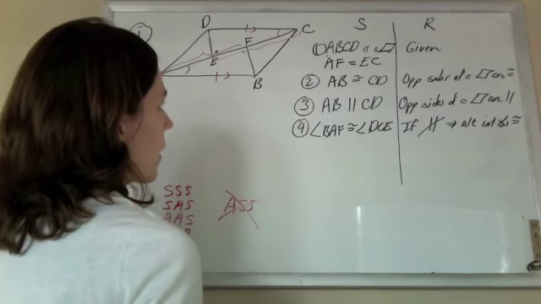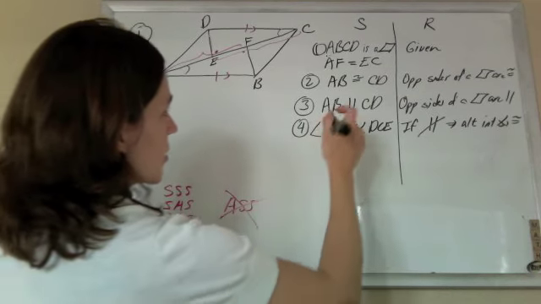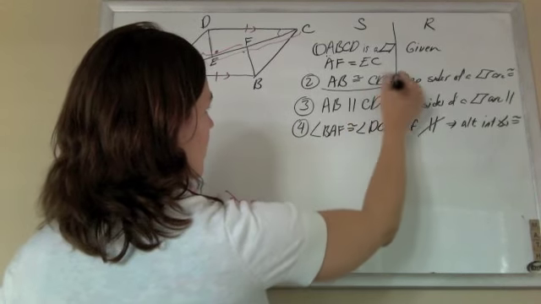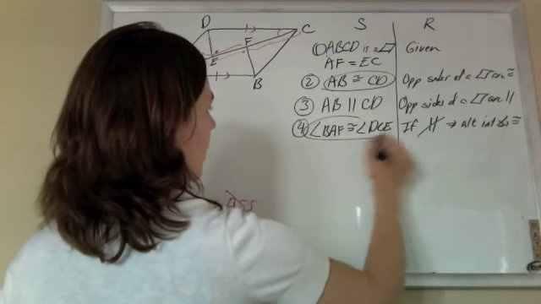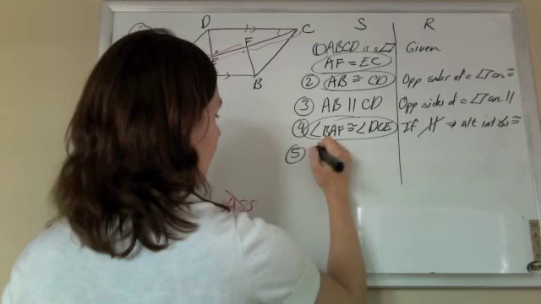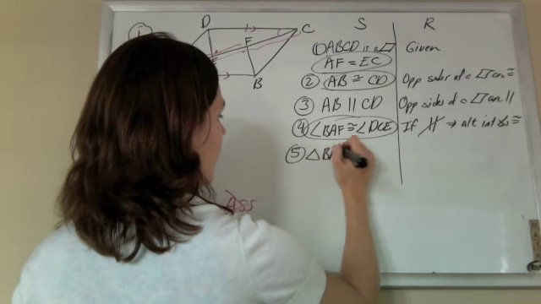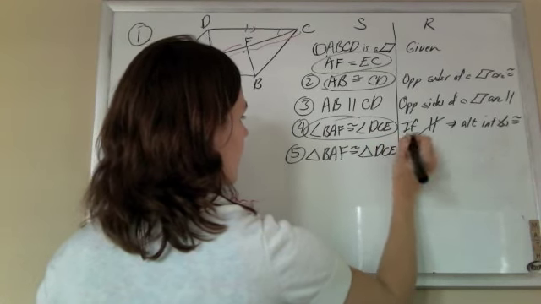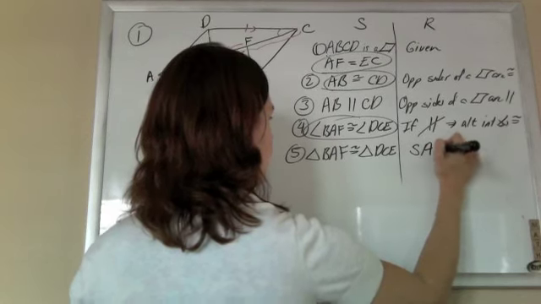Whew. And so now we're looking, and we have every part explicitly stated in our proof. There's our side, there's our angle, there's another side. So now I can say that triangle BAF is congruent to triangle DCE by side, angle, side.